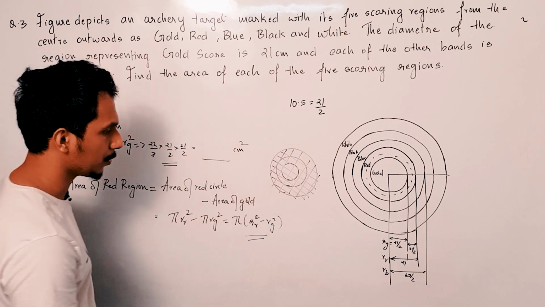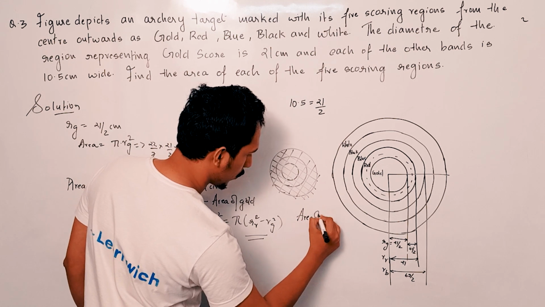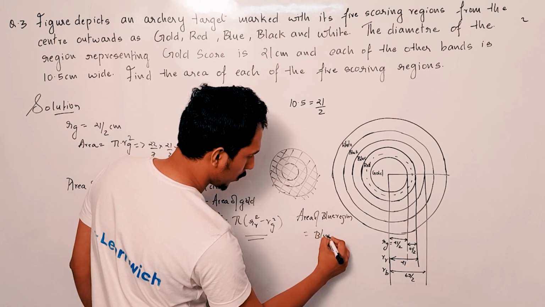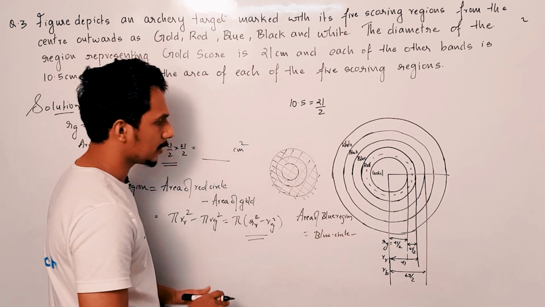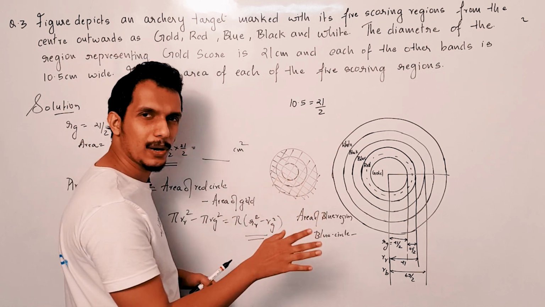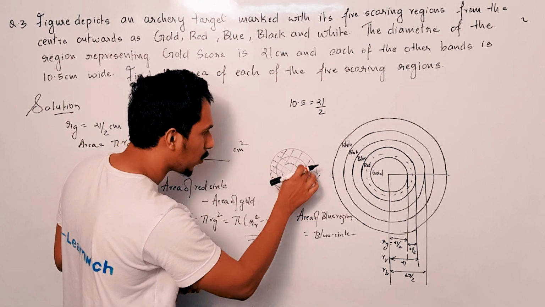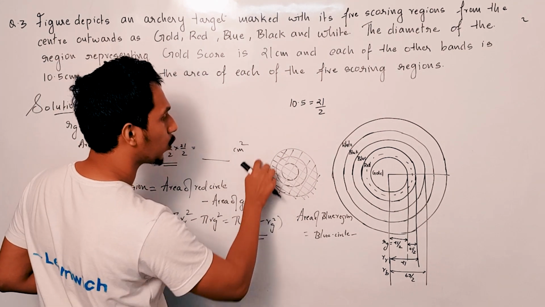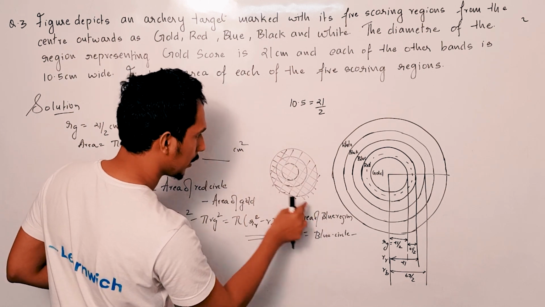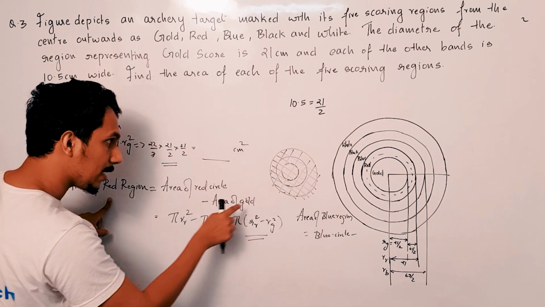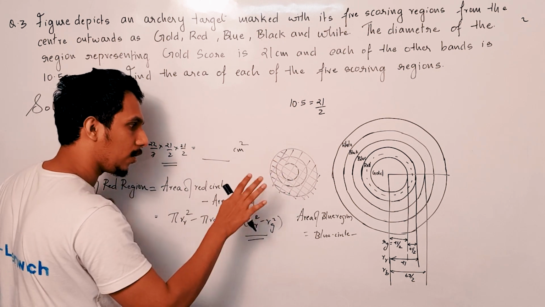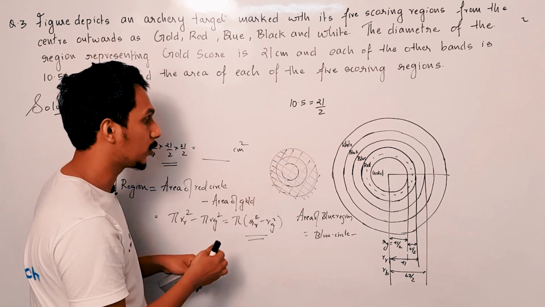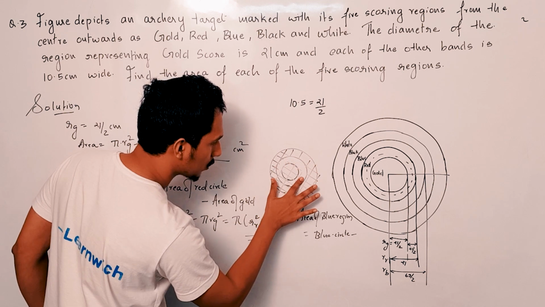Okay, area of blue region, not circle, equals blue circle minus, see the gold, I don't need to mind, but can I subtract the whole circle of red? There are two ways of doing it. Either you can find the total area of this blue circle, then subtract red region and gold circle, or you can find out the total area of the blue and subtract this red circle as a whole. The whole circle you can delete.